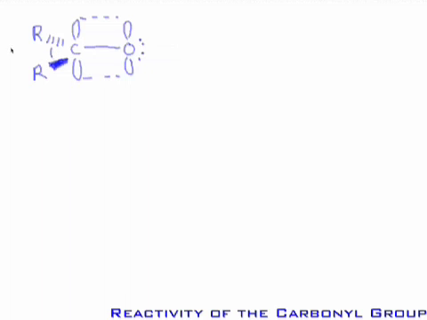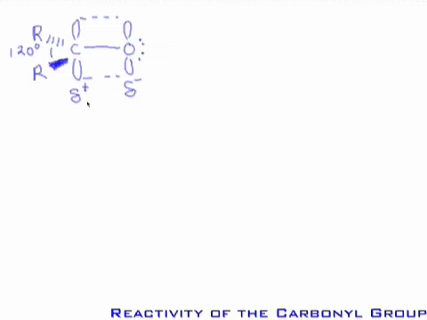Bond angle is 120 degrees, because of the sp2 hybridization. We have a polar covalent bond. The electrons are drawn towards the electronegative oxygen, so there's a delta minus here and a delta plus on carbon.